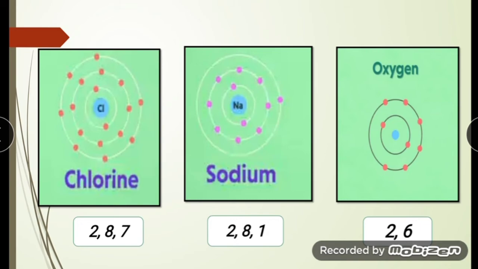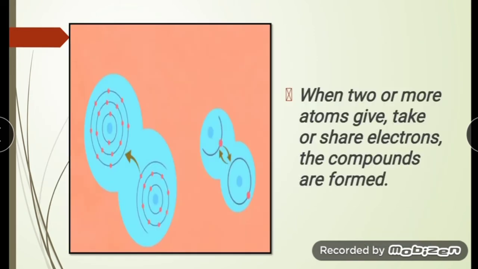So these atoms are not stable and they have less than 8 electrons in the outermost shell. That means all these atoms participate in chemical reactions. When they participate in a chemical reaction, what will happen? Bonds will form. They will help in bond formation. That means they will either give, take or share electrons. It is called bond formation.